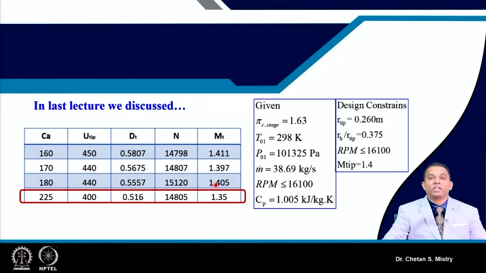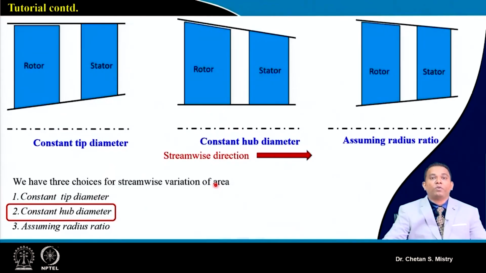Then we were discussing the flow track configurations. If you recall, this is what we were discussing in the last lecture, where we configured our flow track for the axial flow compressor. First is the constant tip diameter configuration.